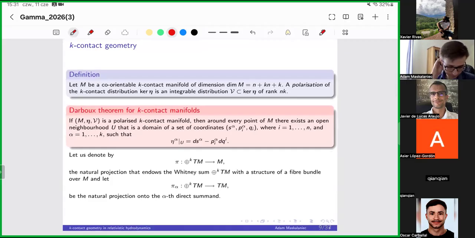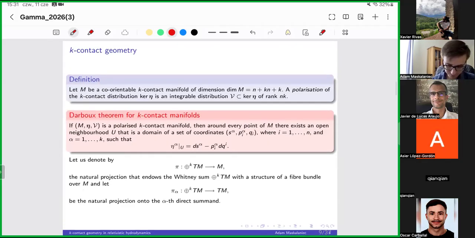So now I'm going towards the formulation of an analog of Hamiltonian equations for K-contact geometry. And to do it, I would like to introduce some notation.